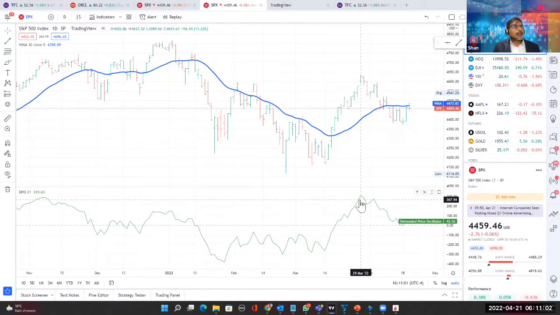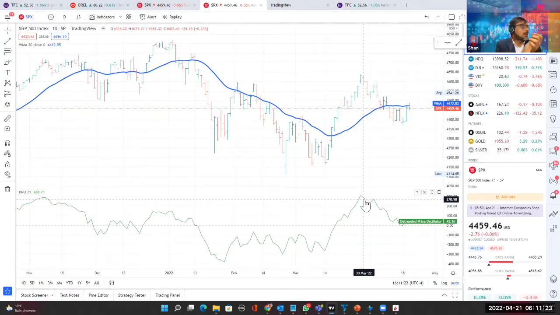Okay. And the big news for today is Netflix. It is down by 35 points, 35%, not points, sorry. It's down by $122. As you can see, almost a third of the value has evaporated from the market since yesterday.